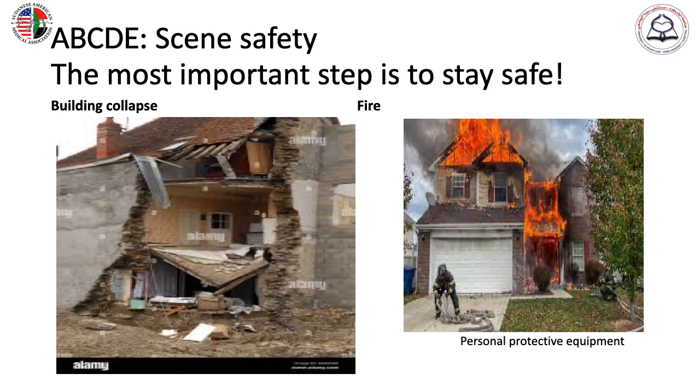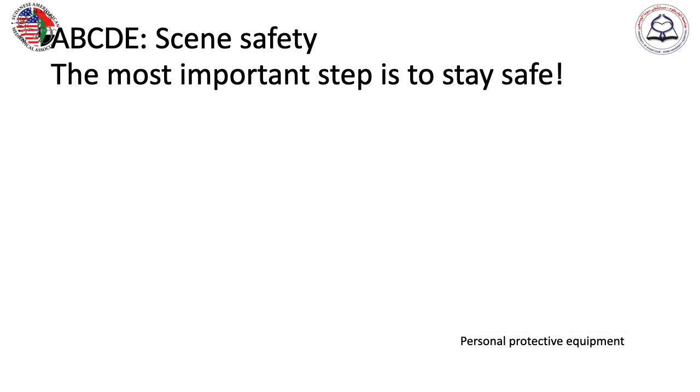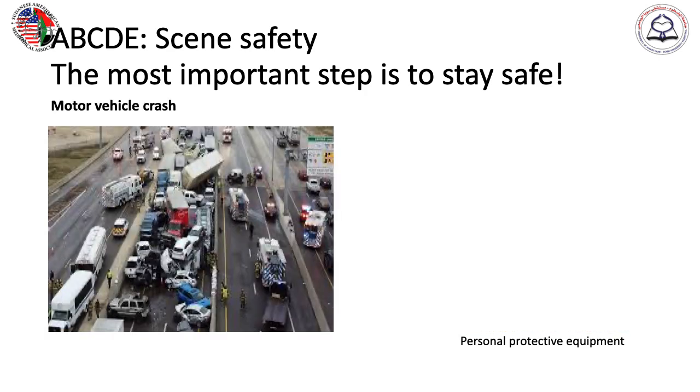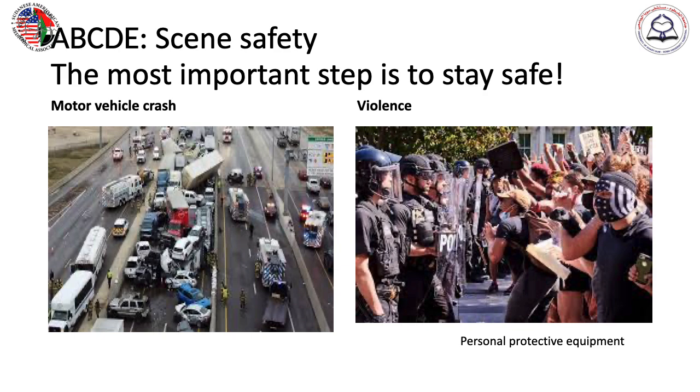We don't want to have another patient, and we don't want to make you a burden on the staff managing the situation. When there is a collision and motor vehicle accident, also observe the safety. And when there is violence, especially when there is gun shooting or someone endangering others, you have to observe the safety.